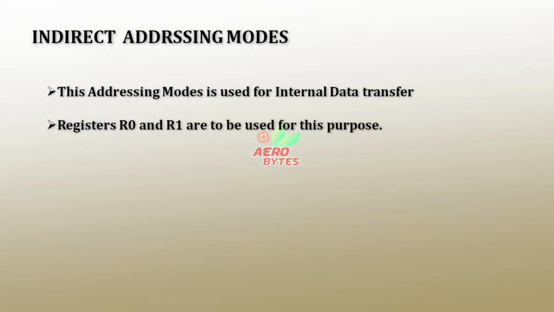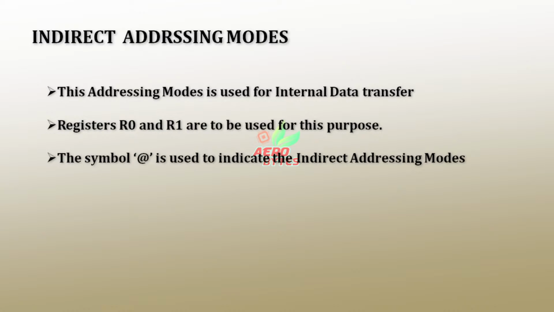The symbol @ indicates indirect addressing. The hash symbol is used for immediate addressing mode, while the @ symbol is used for indirect addressing mode.